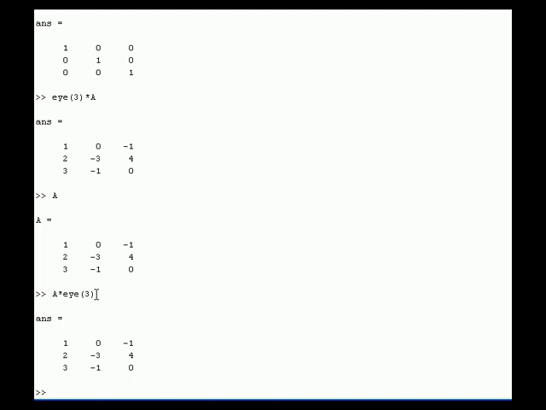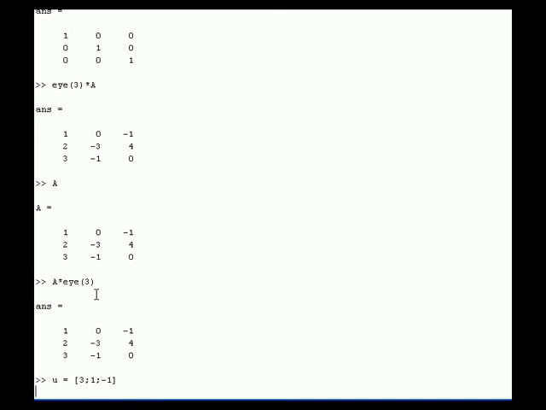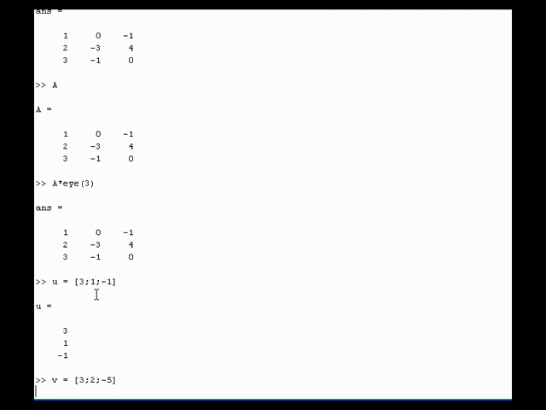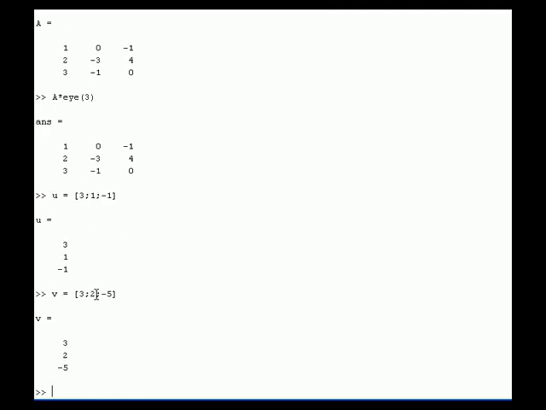Let's take 2 vectors. Let's say U is a 3 by 1 matrix. So there's U, and let V be another 3 by 1 matrix, just choosing elements at random.